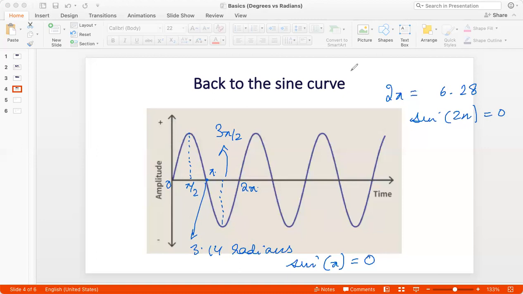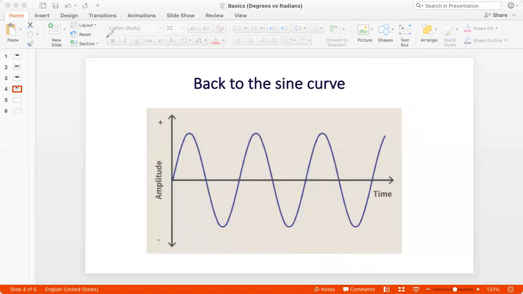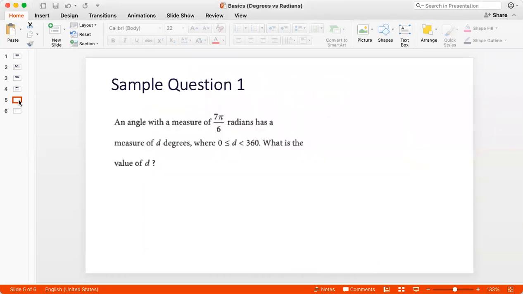Okay, so then what is the kind of questions that you can see on SAT and ACT from this topic? So for example, this question: an angle with a measure of 7 pi by 6 radians has a degree measure of D, where D is between 0 and 360. What is the value of D? So I know that pi radians is 180 degrees.